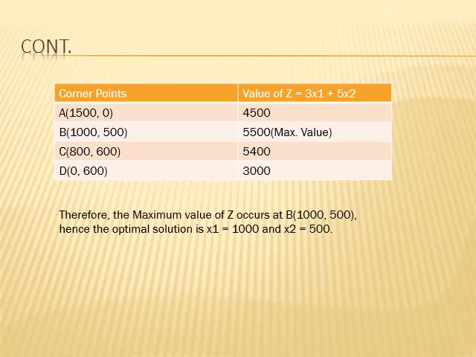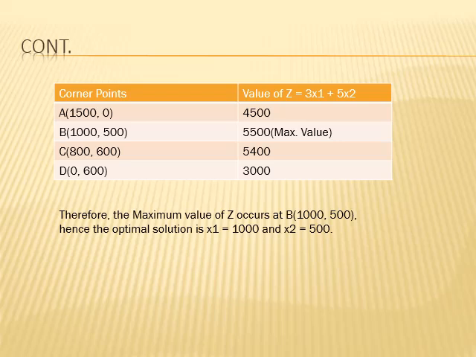So the result is 4500. Let's move to the next corner point B, where x1 equal 1000 and x2 equal 500.